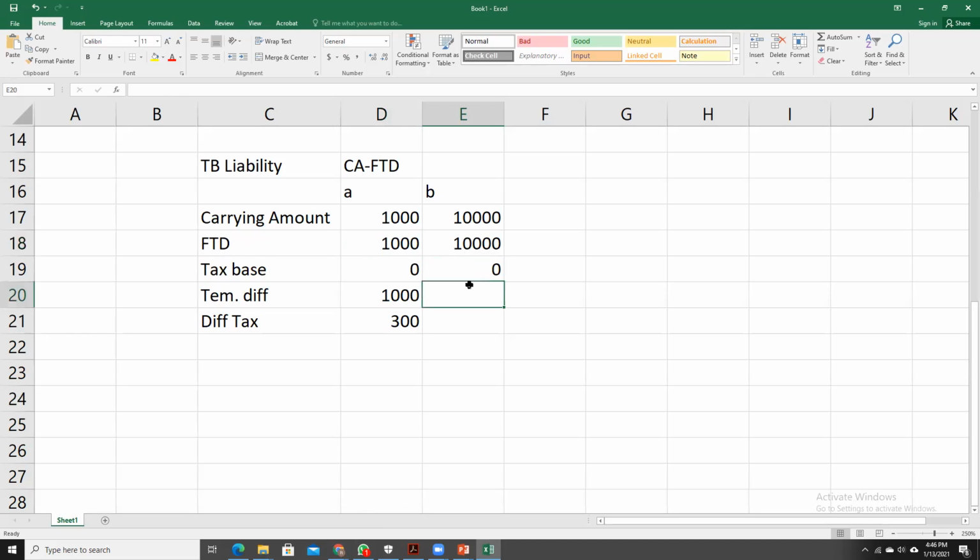That's different. Are there any temporary differences here? Yes. Carrying amount 10,000, tax base 0, then the difference is 10,000. Then how much deferred tax? 3,000. Then we move to part C.